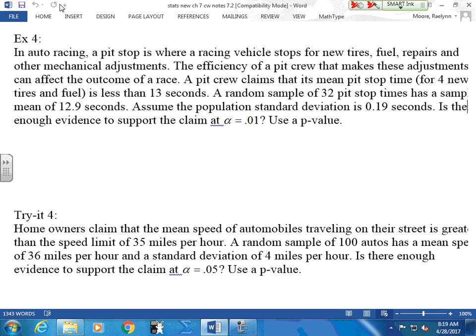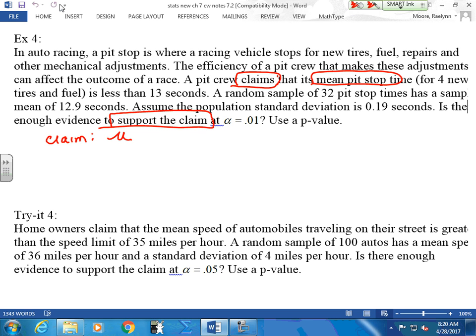Sometimes we have to go back down here, and I'm going to show you how this lines up. A pit crew claims. Here comes the claim. So I'm going to start like this. Claim: the mean pit stop time. What parameter do I use for mean? Mu. Good.